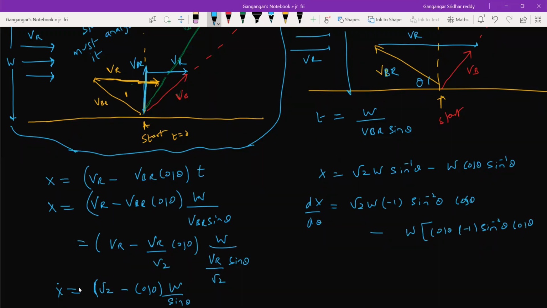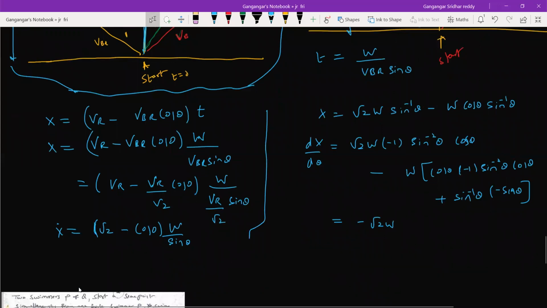This will be cos theta plus the derivative of cos theta, which will be minus sine theta. So this will be negative, minus root 2 W.